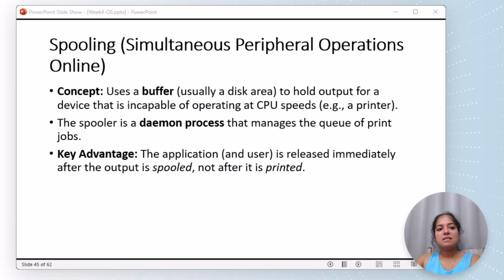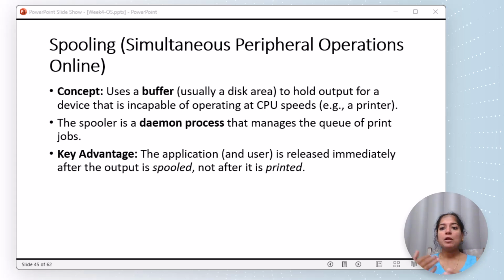So next we discuss spooling. Spooling is simultaneous peripheral operations online. It uses a buffer, usually a disk area, to hold output for a device that is incapable of operating at CPU speed.